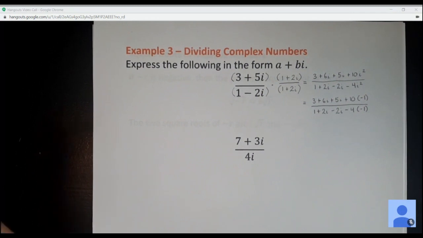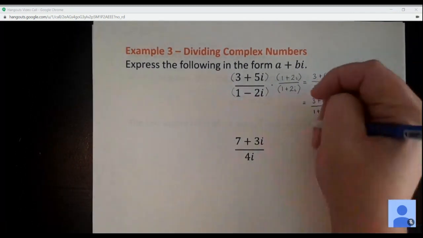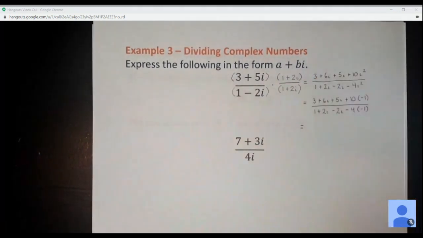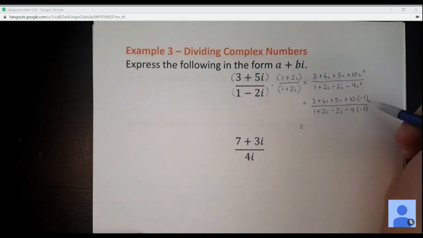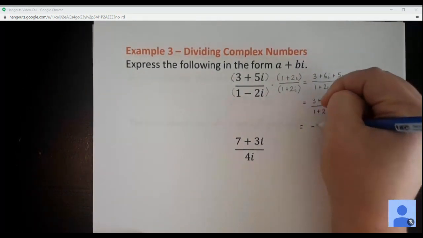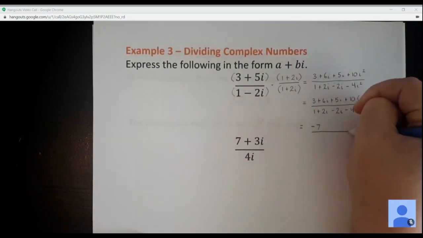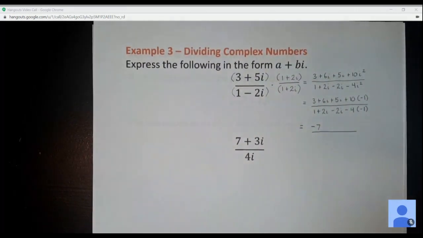All right, so now let's see if we can combine some like terms, though. So if we look at the real parts in the numerator, what are we going to get when we combine those real parts? Good, negative 7. So we have a 3 plus a negative 10. That's going to give us negative 7. What are we going to get when we combine the imaginary parts in the numerator?